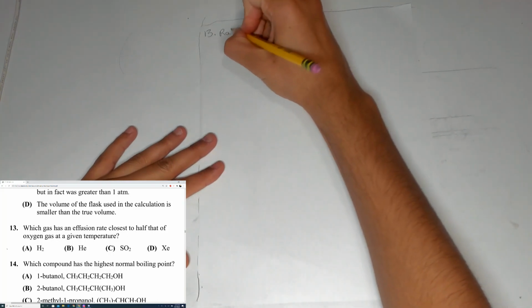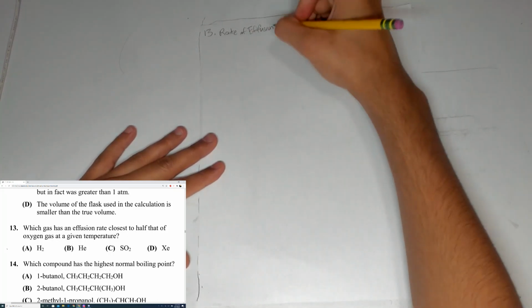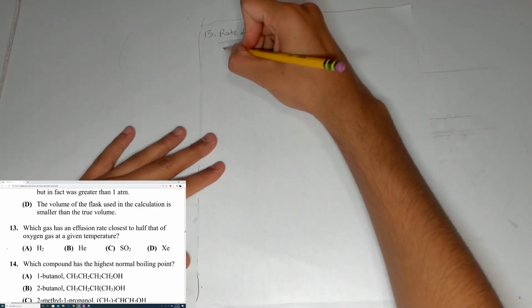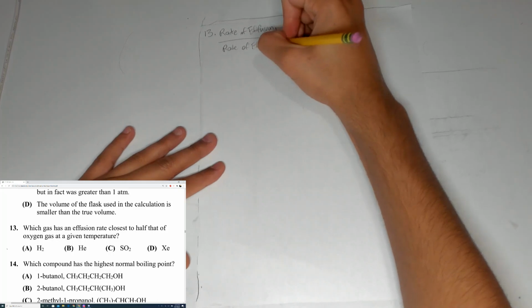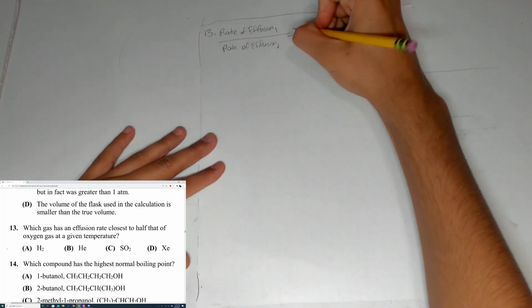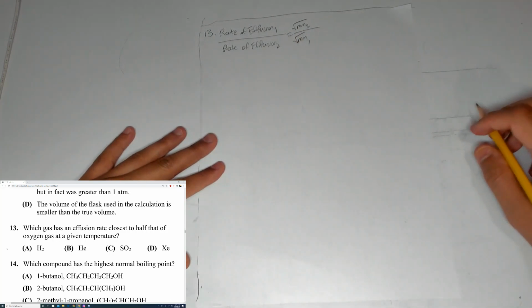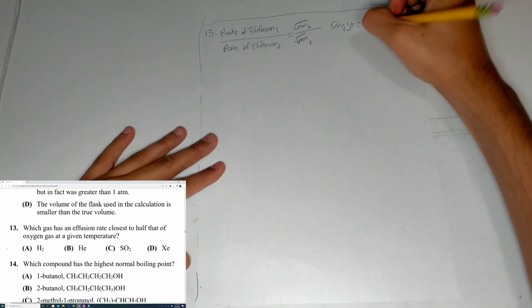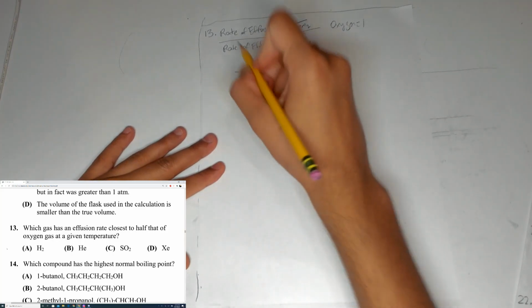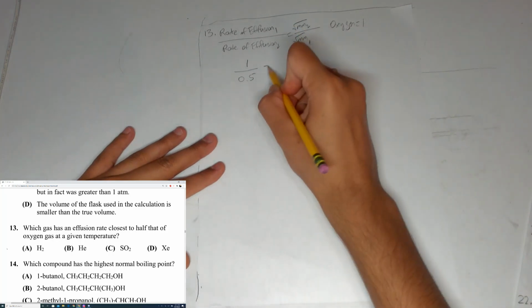So the rate of effusion for molecule 1 over the rate of effusion for molecule 2 is equal to the square root of the molar mass of molecule 2 over the molar mass of molecule 1. Now we'll give oxygen a relative rate of 1, so just put 1 here, and then our molecule of interest has half the relative rate.